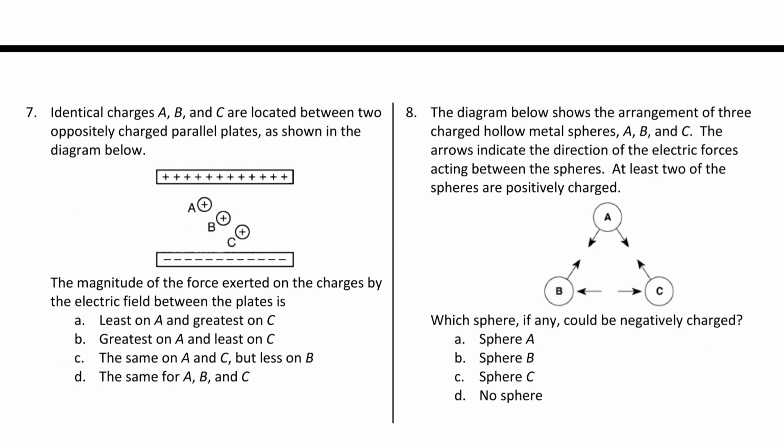Number 7 says the magnitude of force exerted on the charges by the electric field between the plates is going to be the same for A, B, and C. Here's why. All right. A is super close compared to B and C. It is closer to the positive plate. So as you move down, it's a weaker and weaker repulsion force because this is so far away now.